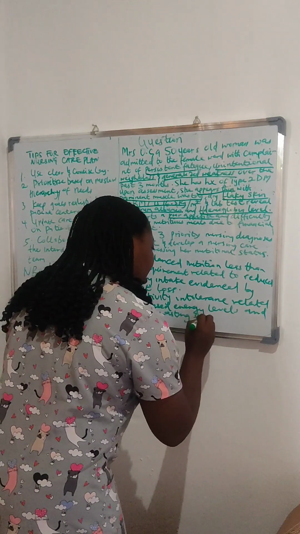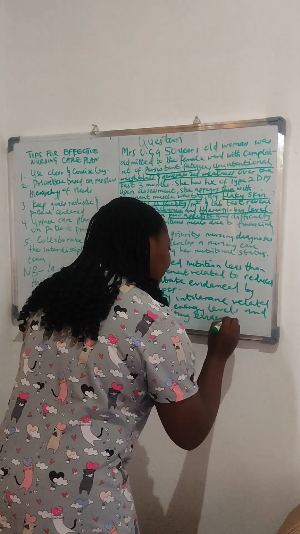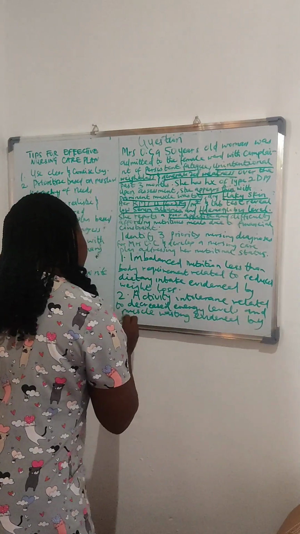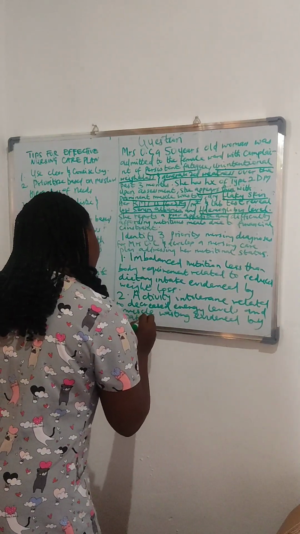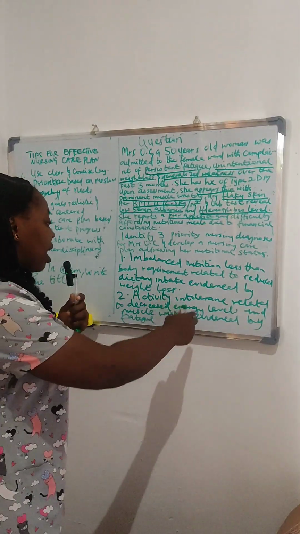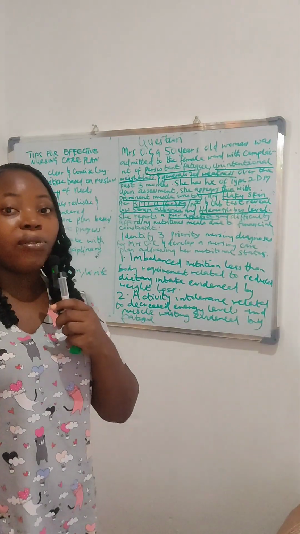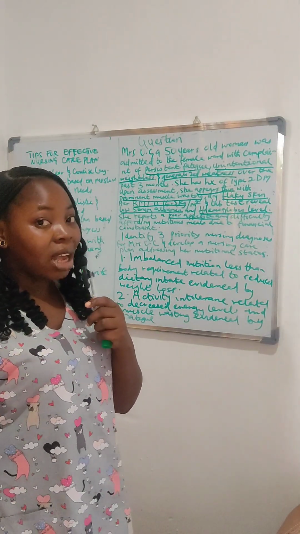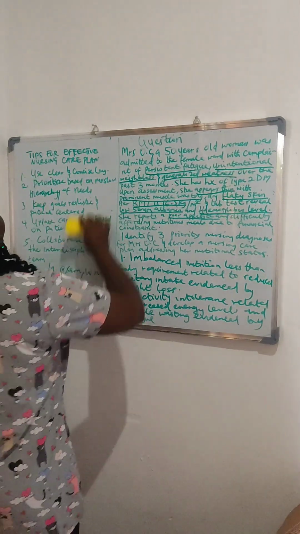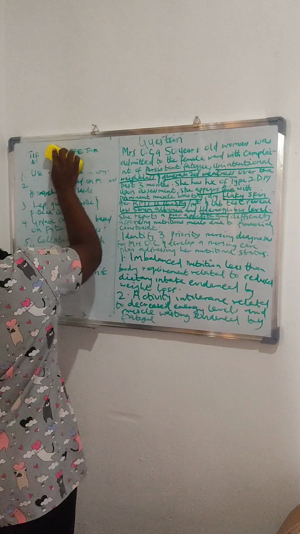Evidenced by fatigue. Why this one comes second is that the weakness can lead to complications like falls, and that can result in other problems. We wouldn't want that for our patient, so that is why we make it the second one.